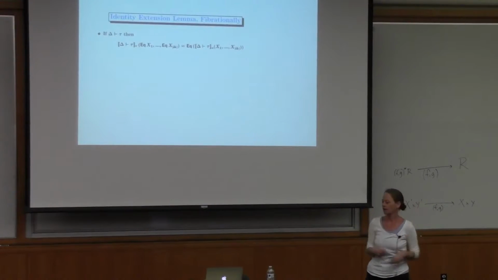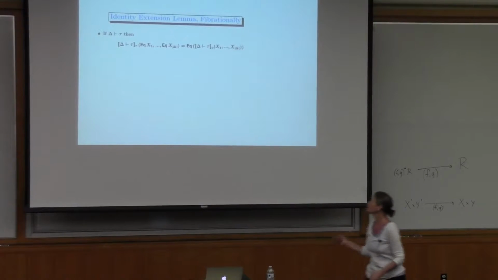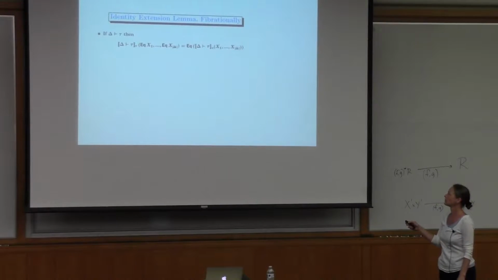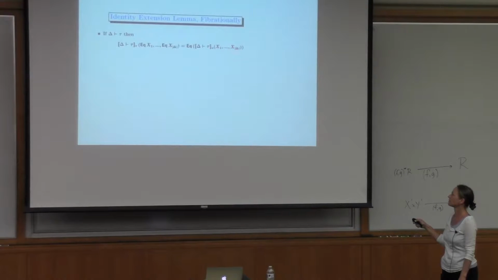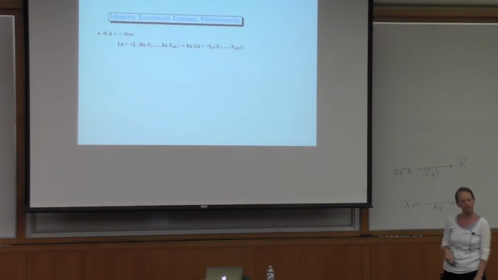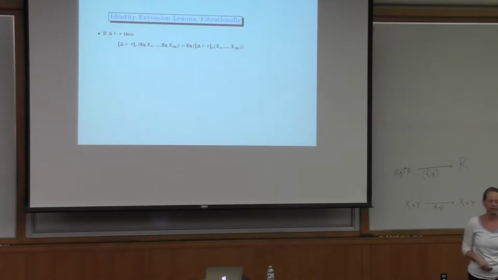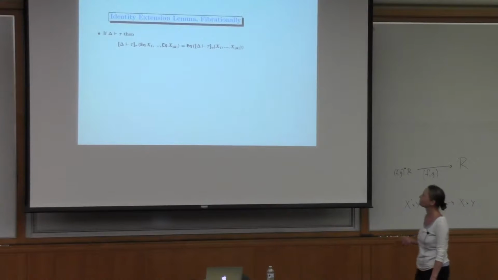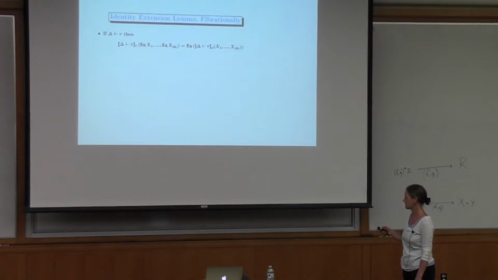What do you get? The identity extension lemma says, oh, I just get the equality relation on my type, but I have to interpret the type variables at the sets in which I'm taking the equality relation. Okay, so that's what the standard version says.